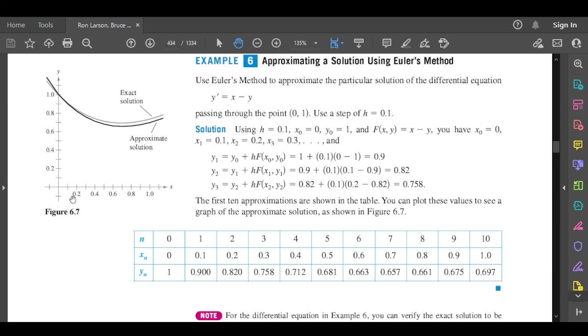For n equals 3, which is our fourth point, we obtain 0.3 and 0.758. So, as you can see, the approximate solution is close to the exact solution.